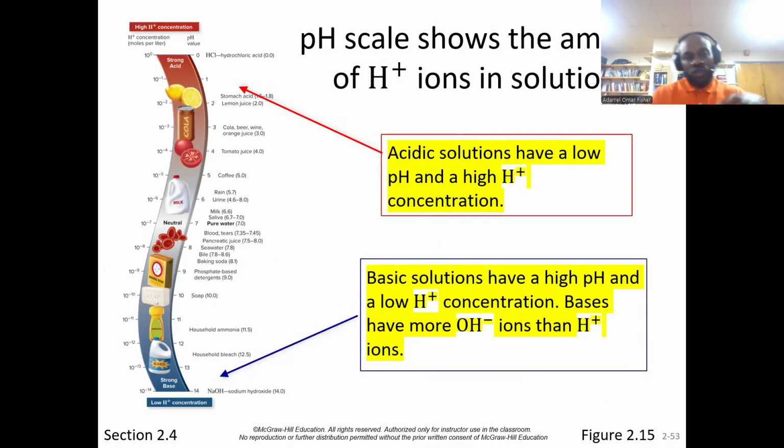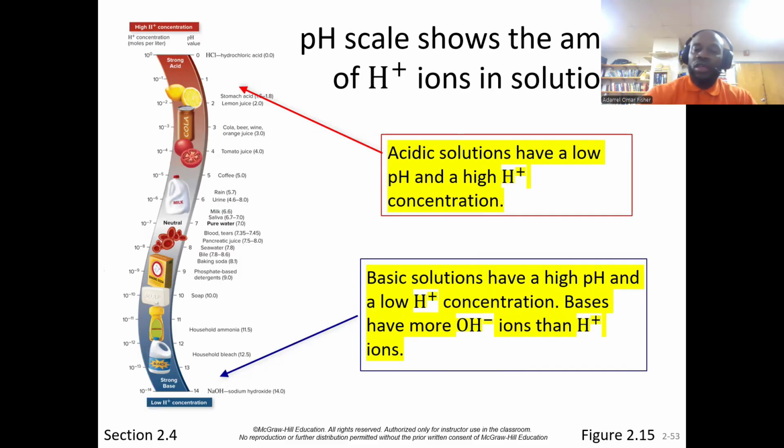And then we saw this. We did this in the lab today, but we have hydrogen ions, and we also talked about hydroxide ions. Things that are considered acidic have a high concentration of hydrogen ions. Things that are considered basic have a low concentration of hydrogen ions and a high concentration of hydroxide ions.